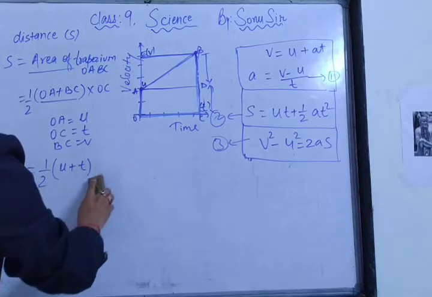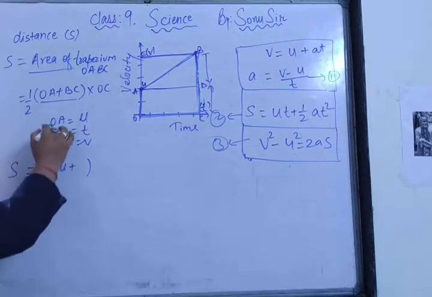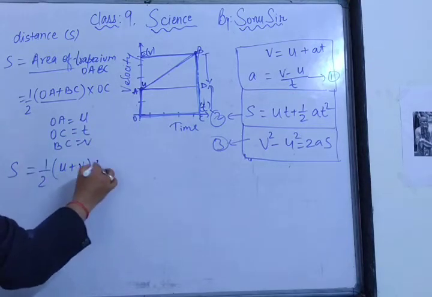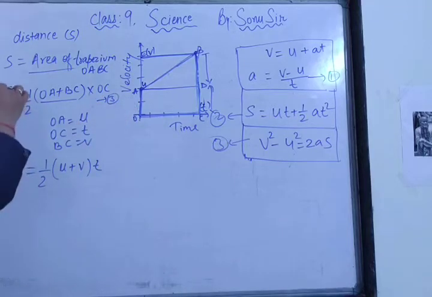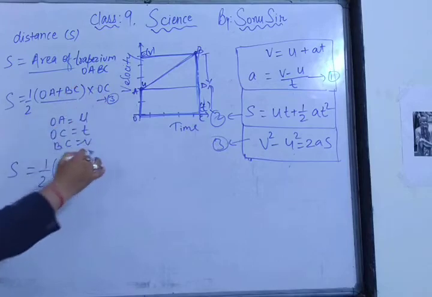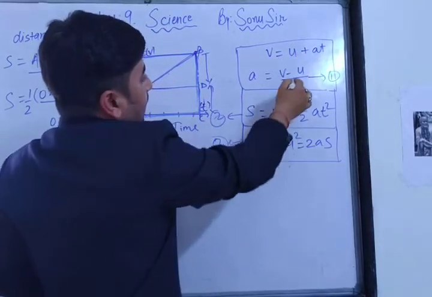Here V should come inside, and T should come here. See here, OA is U, BC is V, so U plus V, and OC is T. According to this, S is equal to half into U plus V into T. Now in the first equation, can you tell me what will be the value of T?